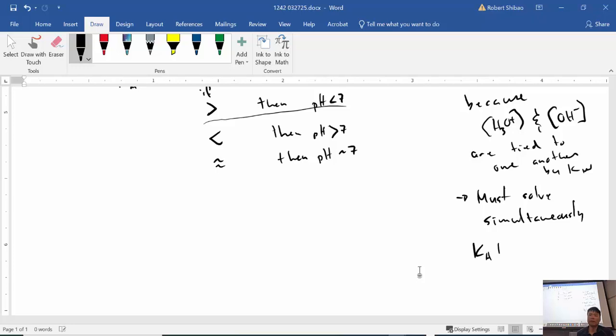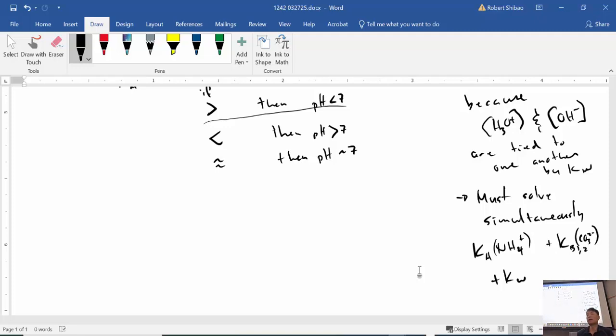The Ka for ammonium plus the Kb for carbonate, Kb1 and Kb2, plus Kw.